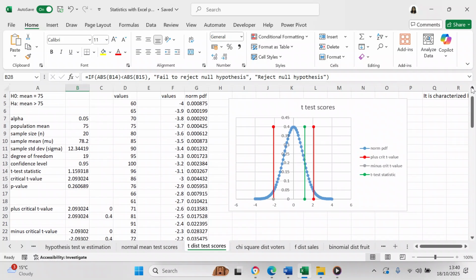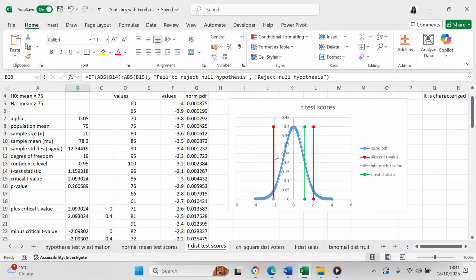But you see, blue is your normal distribution, red is your negative critical t-value, which is negative 2.09, and then it says gray is, no, positive critical t-value is 2.09, and it says gray is minus critical t-value, negative 2.09, but the dot is gray, but the line is actually red.